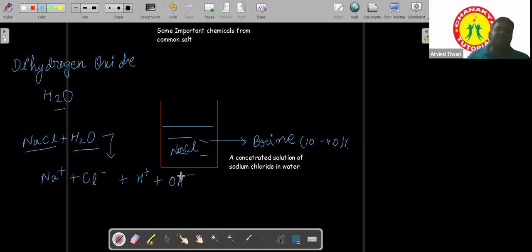So how many ions do you have in the solution? Four? Yes, there are 4 ions in the solution. Very good. Now we will perform the electrolysis.